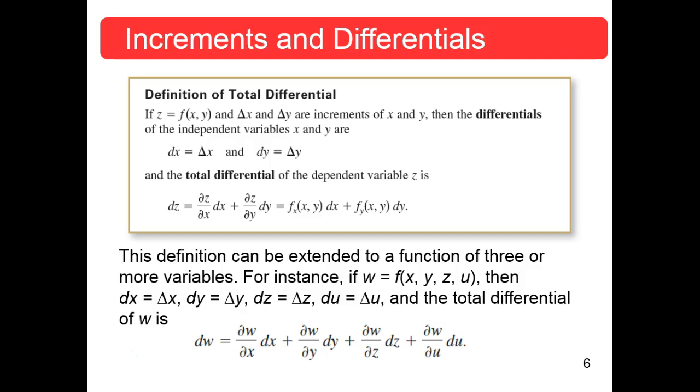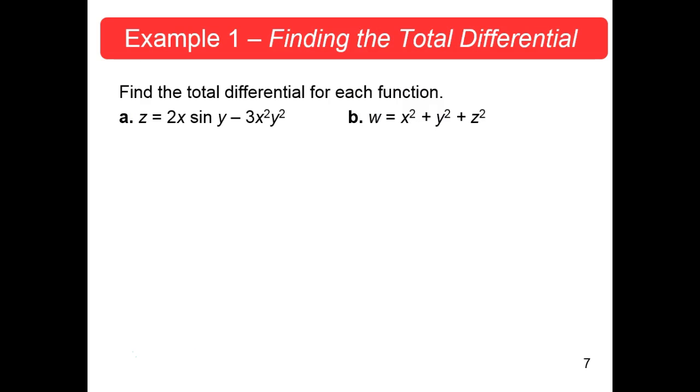Okay. Now, here's example 1. Find the total differential for each function. What do you reckon this total differential, what's the name for it? dz. That's the differential of z.